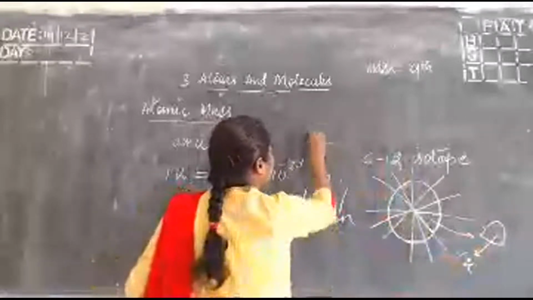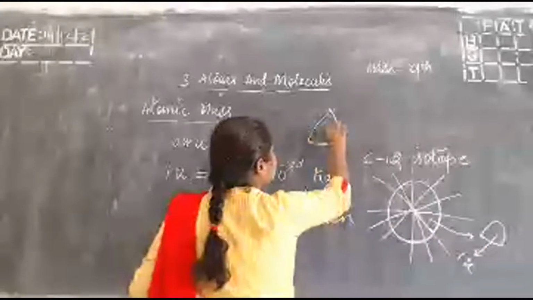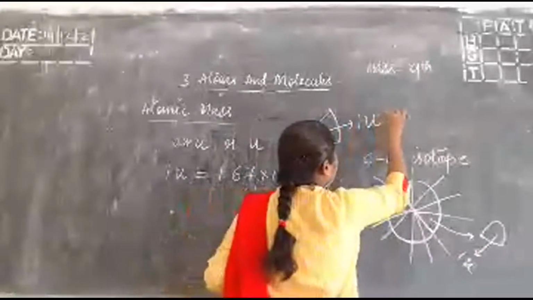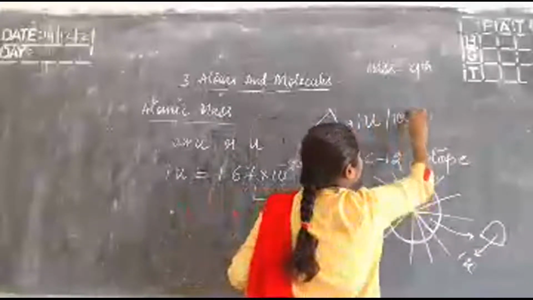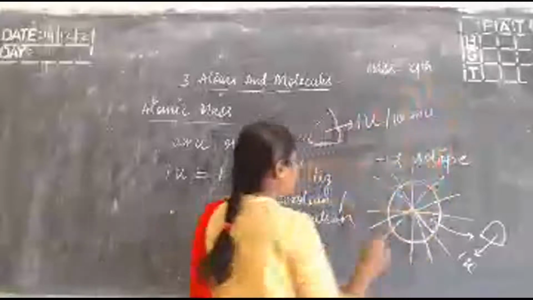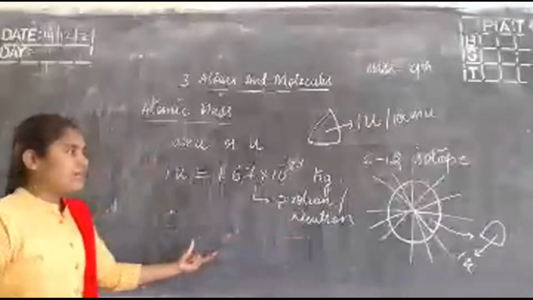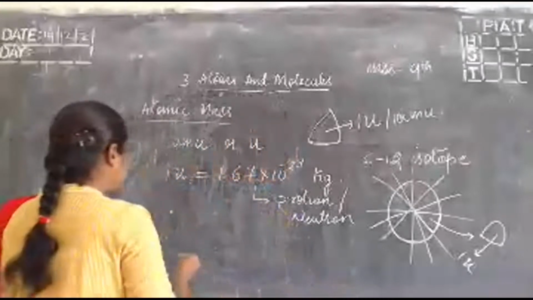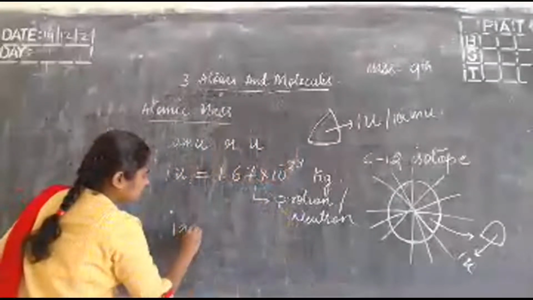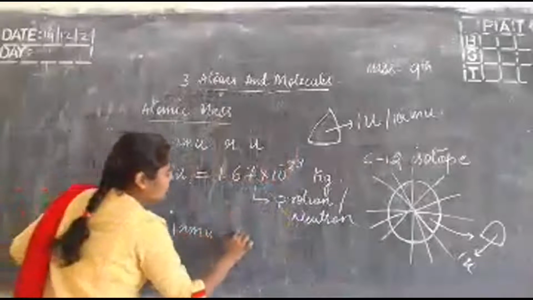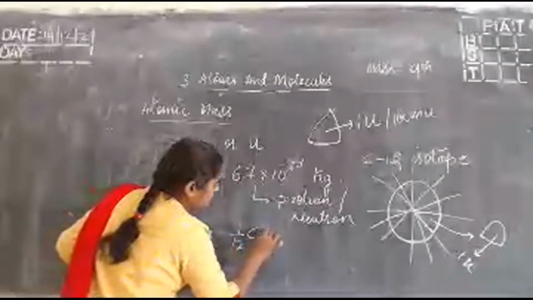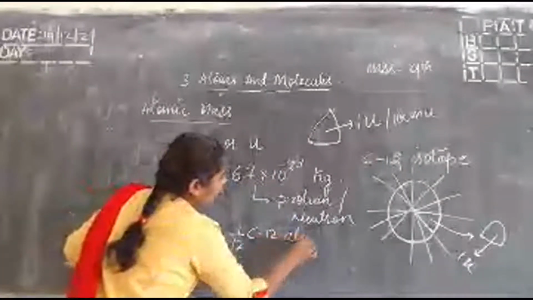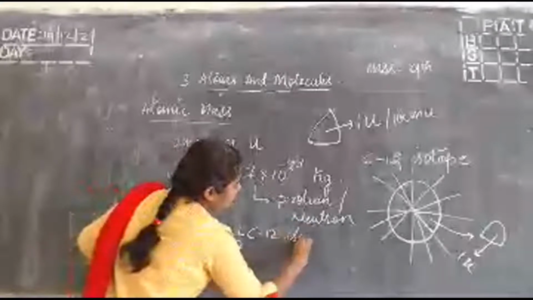I will draw it here: this one unit is equivalent to 1 U or 1 AMU. This is how they found the atomic mass. So 1 AMU is equal to 1/12 of the carbon 12 atom, or carbon 12 isotope.